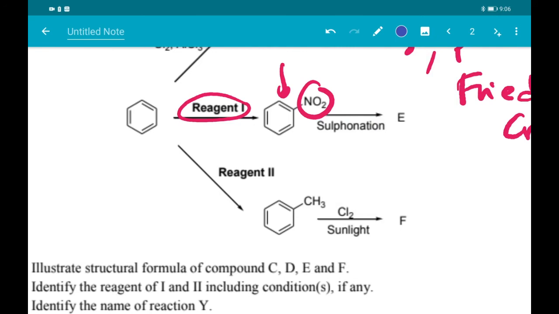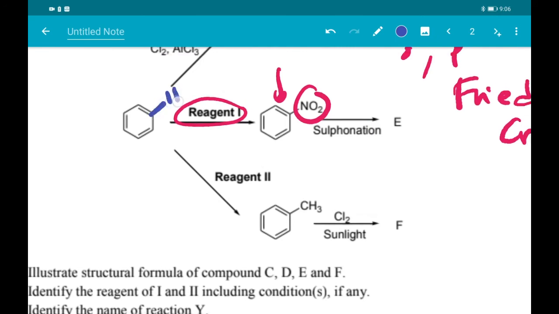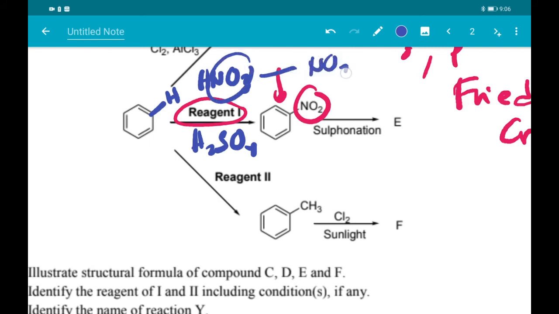In order to replace the hydrogen from the benzene ring, we add the reagent comprising nitric acid with sulfuric acid. This is the electrophilic substitution which is going to produce the NO2 as the electrophile. So it's very straightforward. It is part of the electrophilic substitution mechanism.